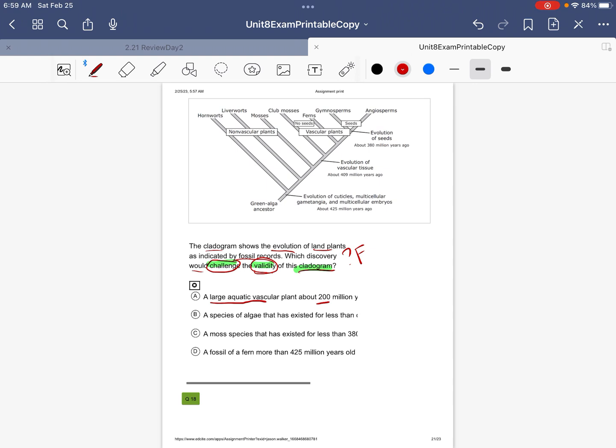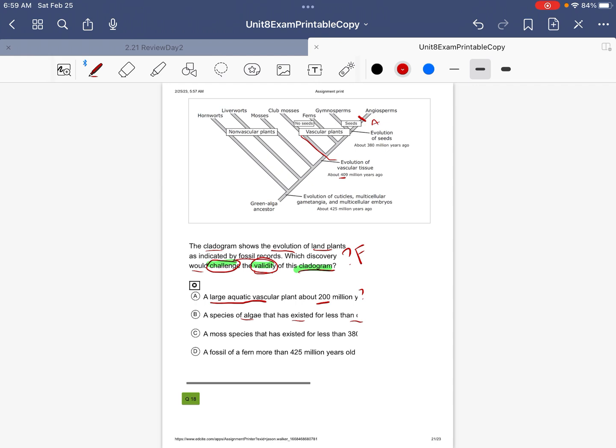So a vascular plant, we're saying 2 million years old. Vascular plants started over here about the 400 region. So we had an aquatic vascular plant somewhere over here. Yeah, it came after the vascular plant, so this one might happen.